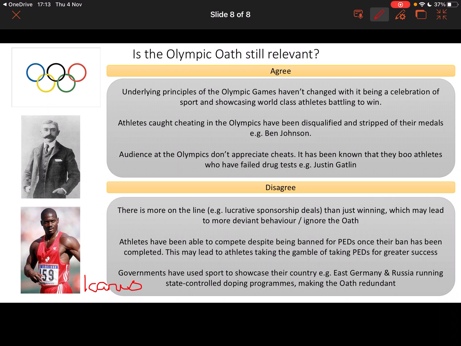And obviously that has been proven with Russia more recently, and a lot of Russian athletes were not allowed to compete at the last Olympic Games in Tokyo because of these doping offences. So again, the very fact that you've got governments and countries prepared to run a state-controlled doping program to showcase their country at events like Olympic Games, you could argue, as it says there, that the Olympic oath is redundant.